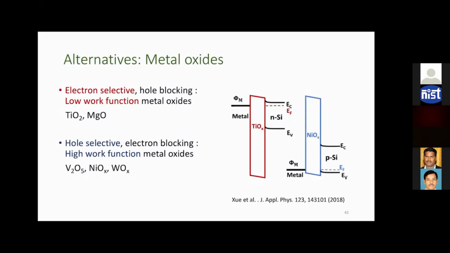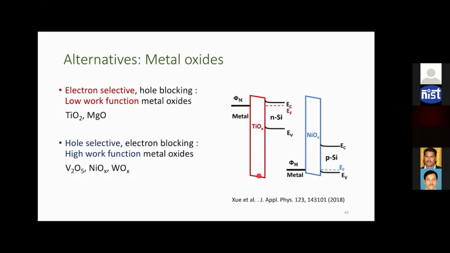There are many metal oxides, such as titanium dioxide and magnesium oxide, that can work as electron selective and hole blocking layers, because of their low work function and high band gap. Let us see an example of a heterojunction between titanium oxide and crystalline silicon.